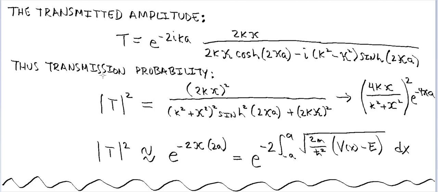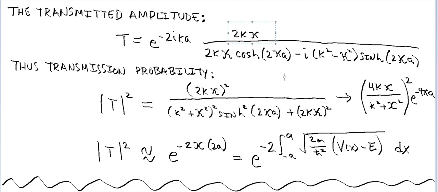Let's see. So then, in this case, the transmission probability should just be t squared, right? T star t, which is t squared. If you do that, well, the numerator squares nicely to 2k kappa in quantity squared.